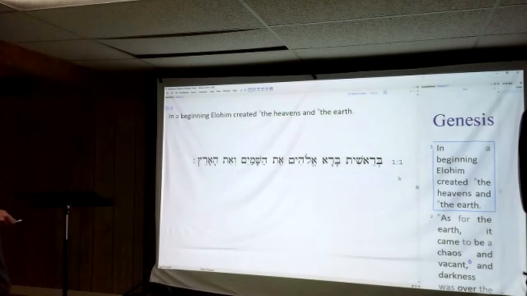Now here's an interesting thing. We learned that the bet in the front of the word means in, with, or by, right? If it's got the two dots underneath it, the sheva, then it's in, with, or by. But if it's got the line, my mind is blank on me now. What's that? Looks like a minus sign. What is that? Just a straight line underneath it.